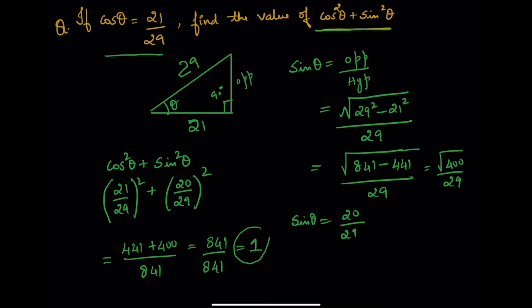So if you notice here, we arrived at cos square theta plus sin square theta is equal to 1. This is always true. So this is one of the identities which we will learn in future videos. But for now, keep this in mind that sin square theta plus cos square theta is equal to 1.